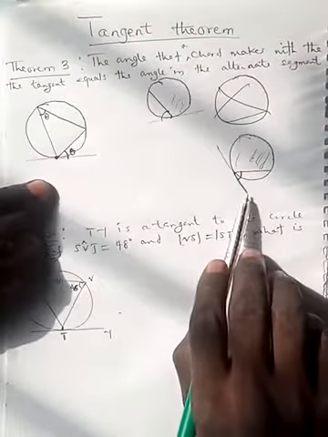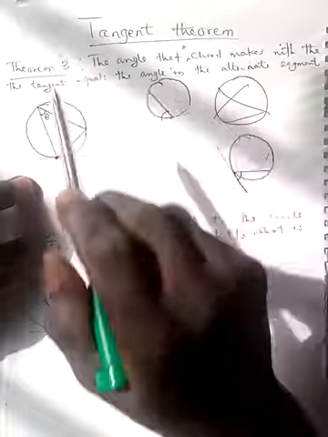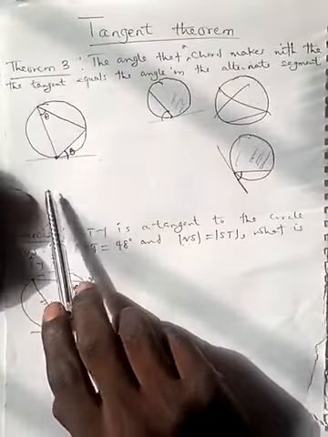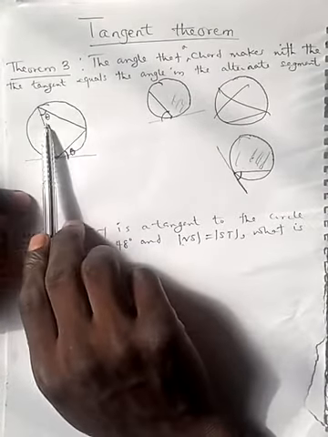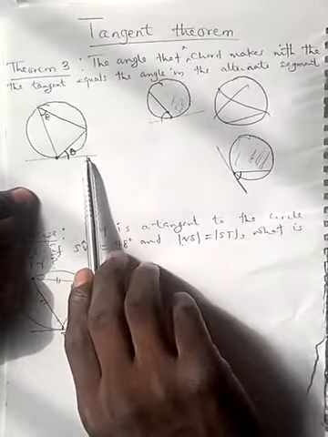As I explained earlier, if this is the angle in question, this other side becomes the alternate segment. So if this is theta, here will be theta.